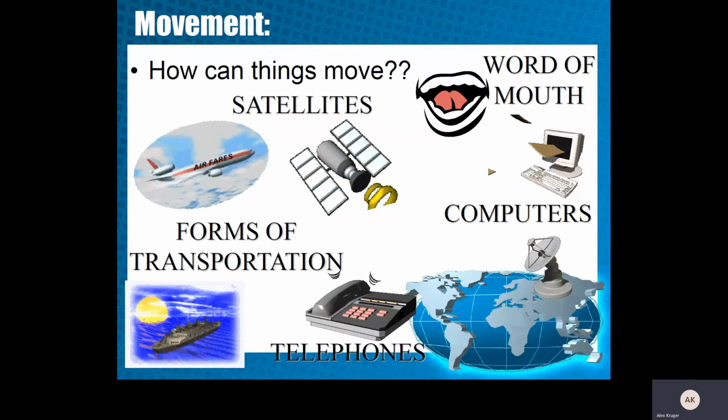How can things move? Well, this is pretty easy. I mean, airplanes, satellites, boats, your mouth, computers, text messages, telephones, the internet, any way of just getting ideas, people, places, or things out and across the world.